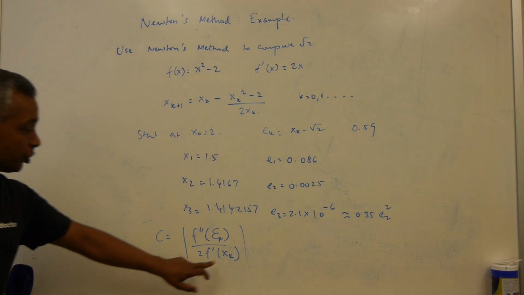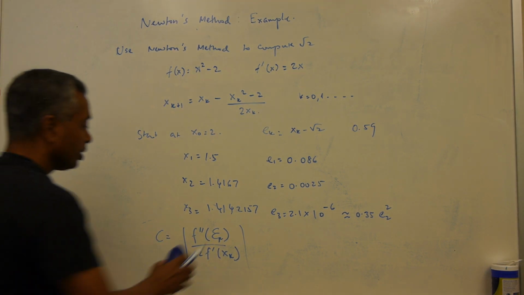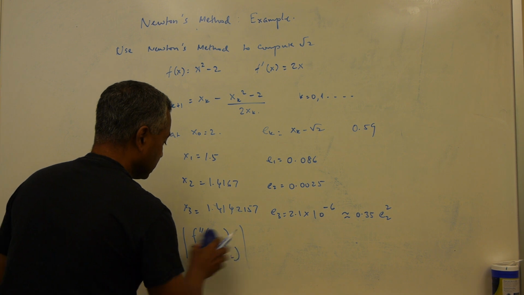Okay, actually I should be a little more careful. This was the point eta. Now, as you get sufficiently close to the solution, I argued that all of these will start to look like this, x star.